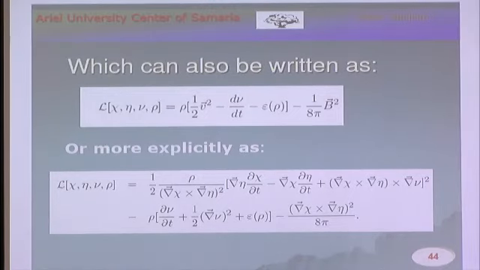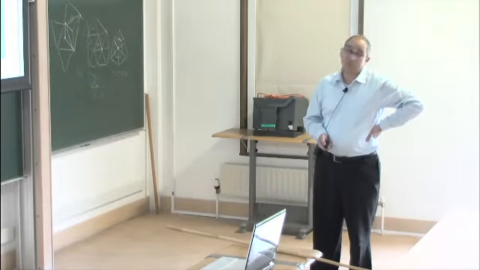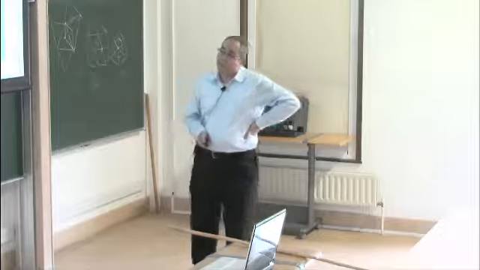So you have a four-function field theory of magnetohydrodynamics. Okay, those are the equations, only four equations. And you can conclude that the barotropic magnetohydrodynamics for the topologies assumed is a four-function field theory, which is defined by this Lagrangian. And from this Lagrangian, you can get the equations and boundary conditions of the theory.